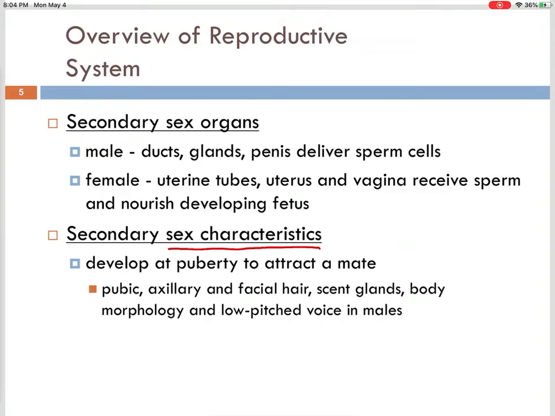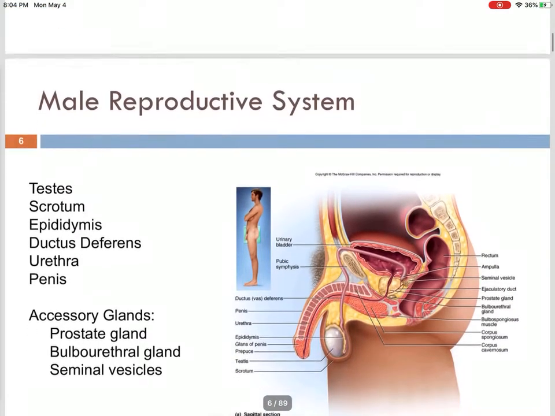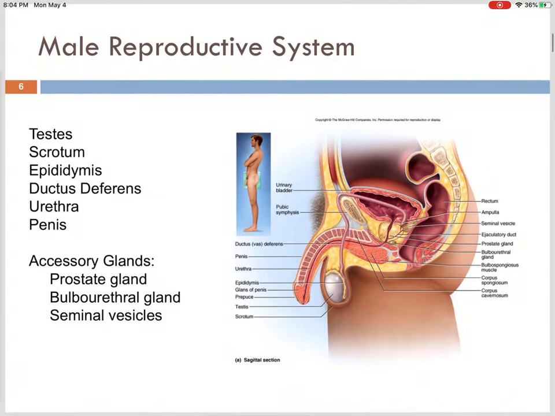In males, it would include deepening of the voice, growth of hair on the face, etc. As always, make sure you're reviewing what I talk about and what I underline.